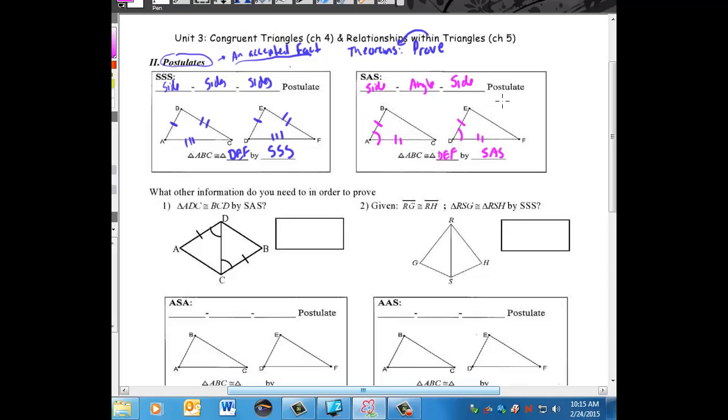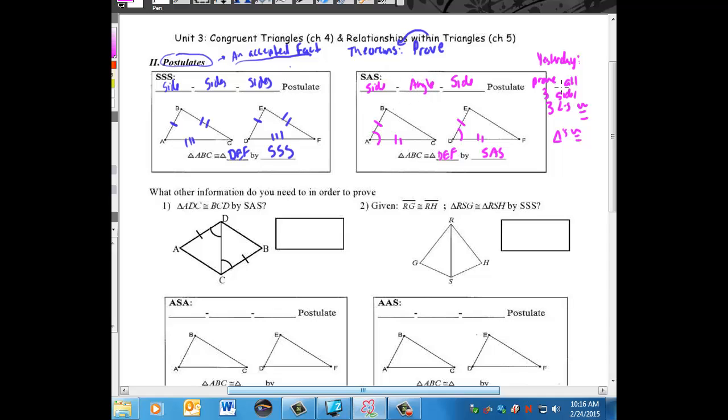What's interesting to note, again, is that yesterday we had to prove all three sides and all three angles were each congruent. And if we could do that, then we could say that the two triangles are congruent. Well, what's nice about this is these are now shortcuts.